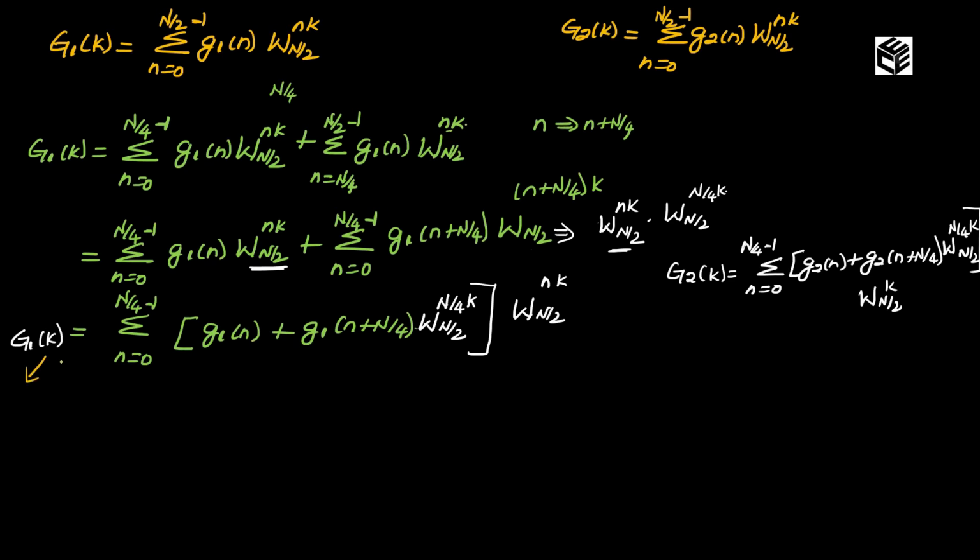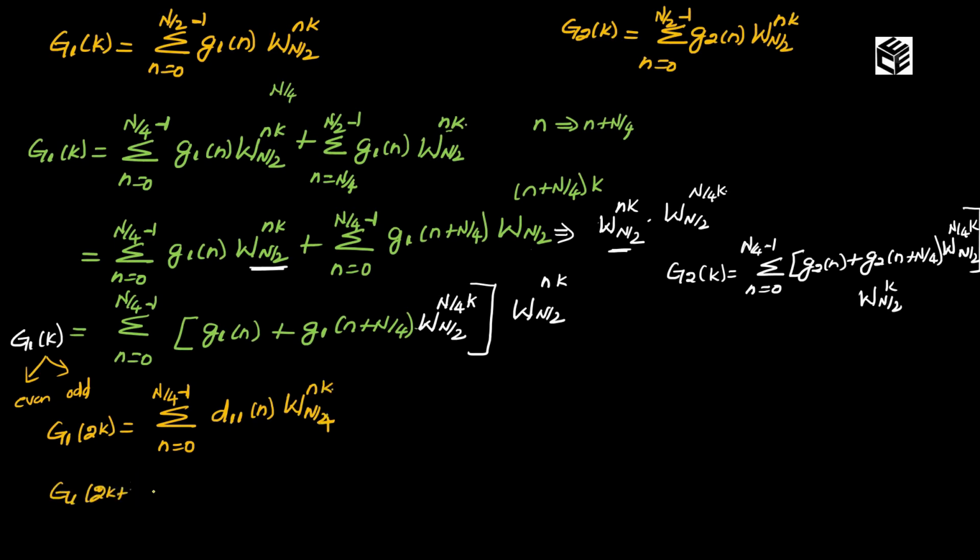Correct. If I split this g1 of k into even and odd parts, I will get g1 of 2k equal to summation n equal to 0 to, now my point sequence will change to N by 4 minus 1. So instead of this, I will be applying a value that is d11 of n into W N by 4 power nk. In a similar way, g1 of 2k plus 1 I can write as summation n equal to 0 to N by 4 minus 1, d12 of n W N by 4 power nk.